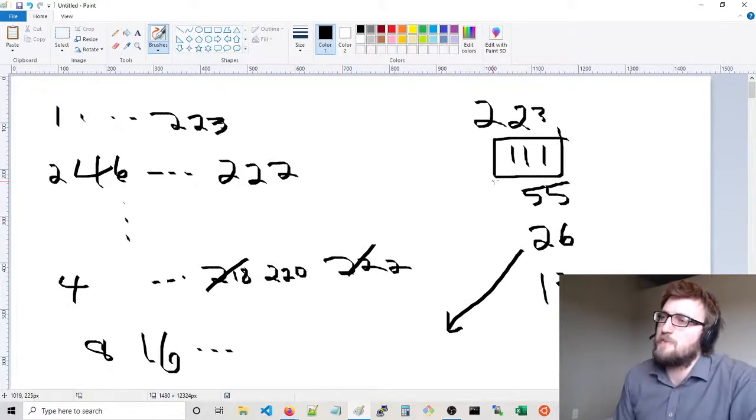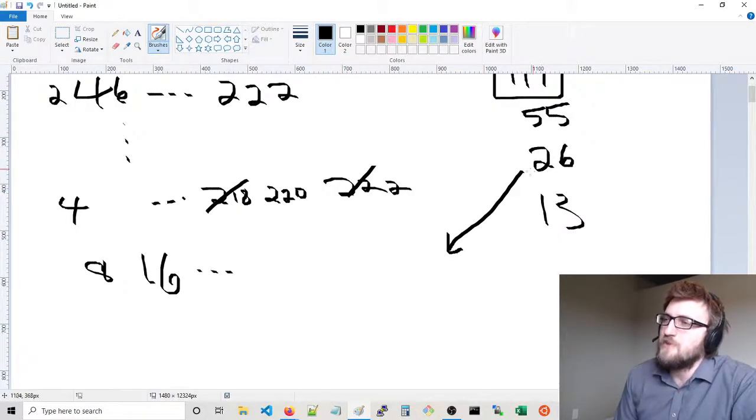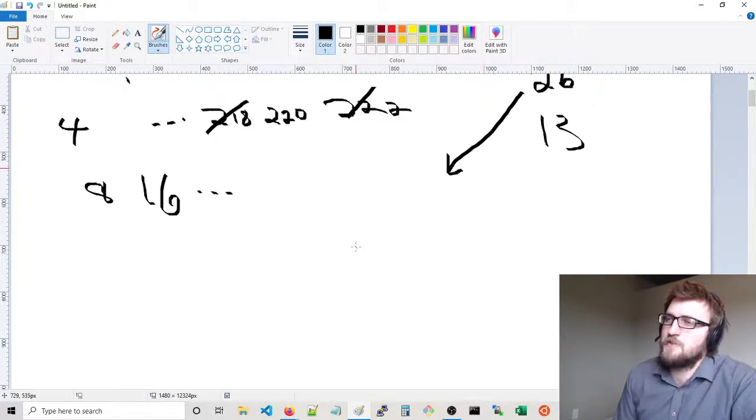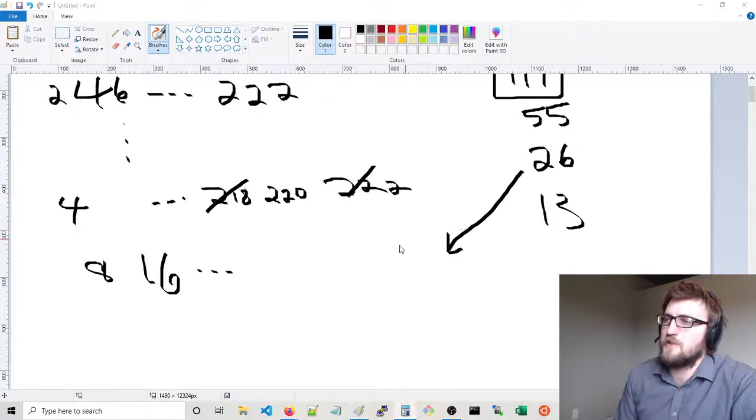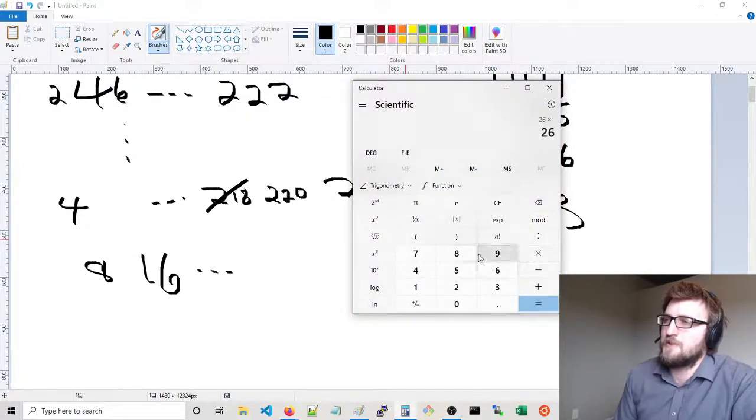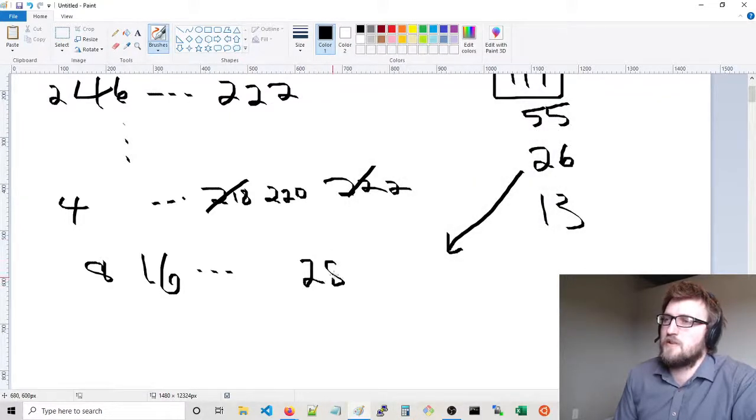Now I don't know what number is left. Well, it's 26 of them, right? So 26 times 8 really would be it. 26 times 8 should be 208. And we would have removed 204, 212.